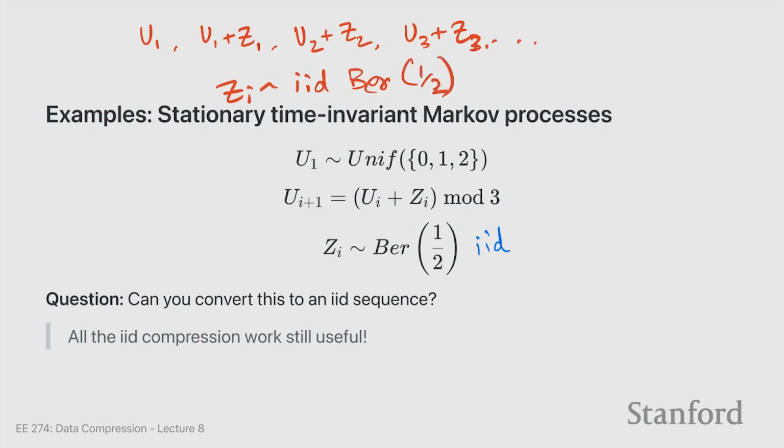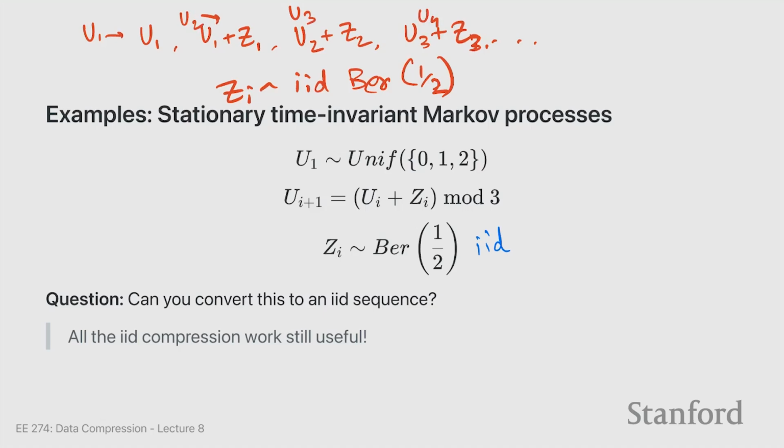Okay, so if I write it in this way, can somebody suggest how I can convert this into an IID sequence? This is my U1, this is my U2, U3, U4.